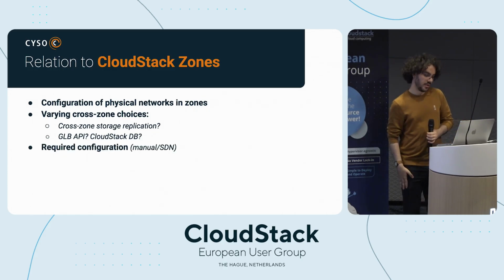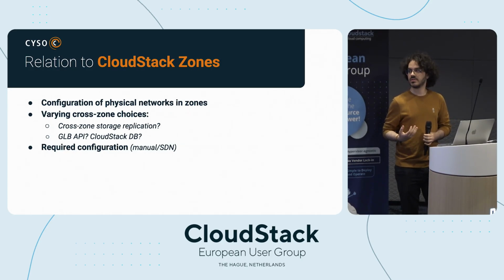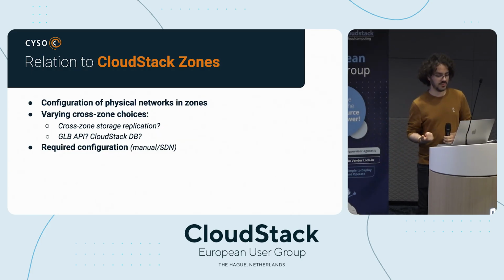Then, of course, there's a lot of required configuration, and dependent on if you're using an SDN that's integrated into CloudStack through an extension, which Netris thankfully is, or if you're doing it manually, or if you're using the virtual routers in CloudStack to do a lot of the heavy lifting, there will be some required configuration on your network hardware and, of course, in CloudStack.